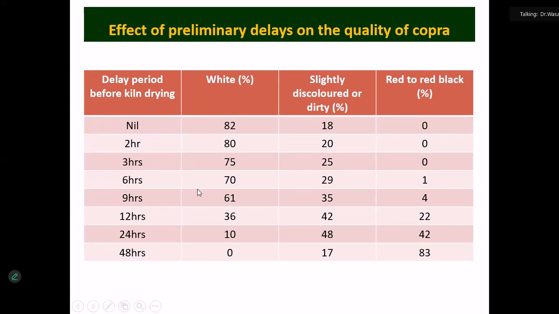If you delay 6 hours after splitting without processing copra, white color reduced up to 70%, 29% discolored, and for the first time red color develops at 1%. That's the very worst incident.